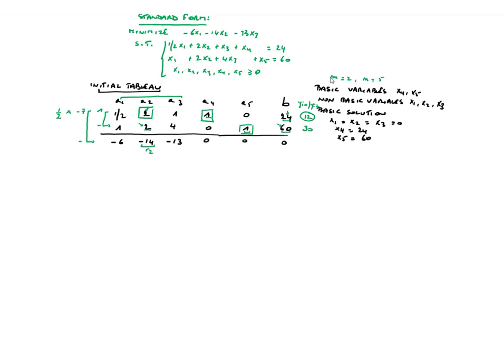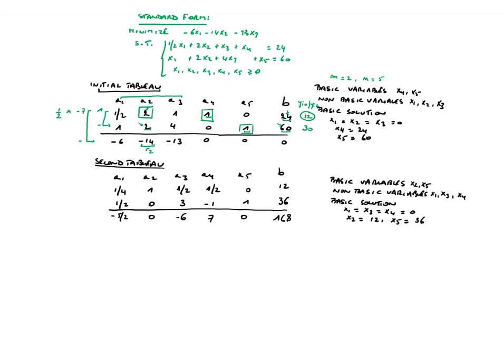By the way, x2 is joining the base, but you can see from the first line that the variable x4 will be leaving the base. That's where you had the previous pivot in this line.